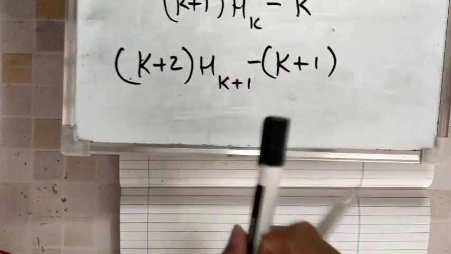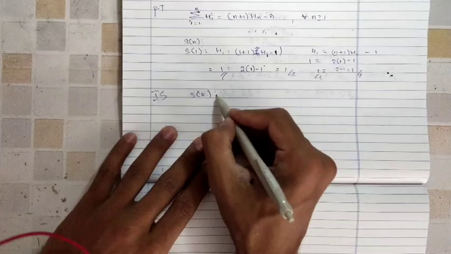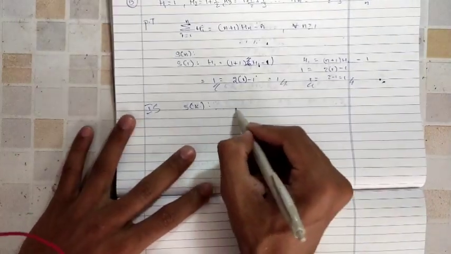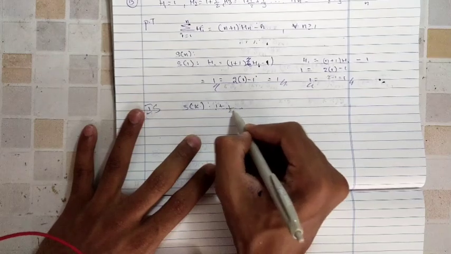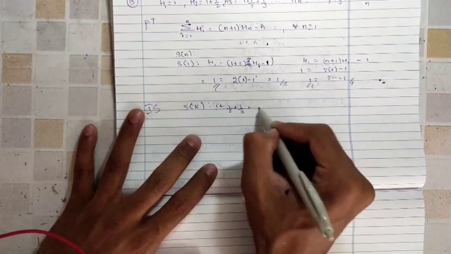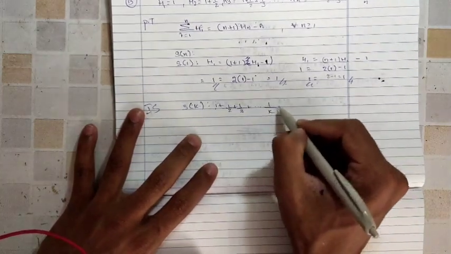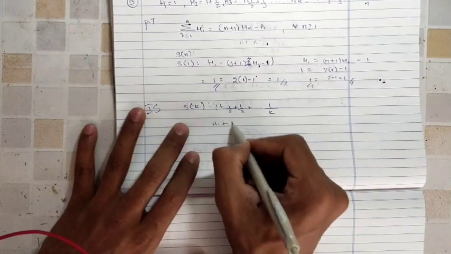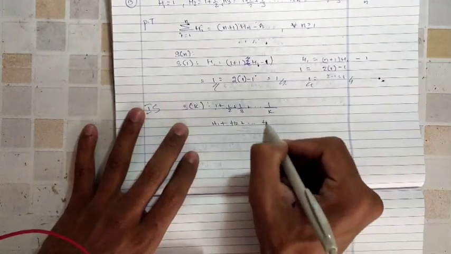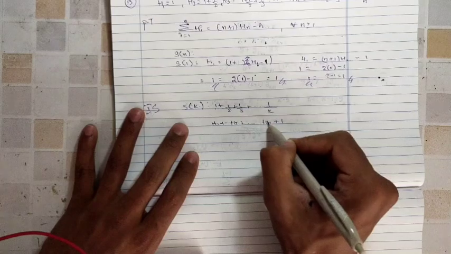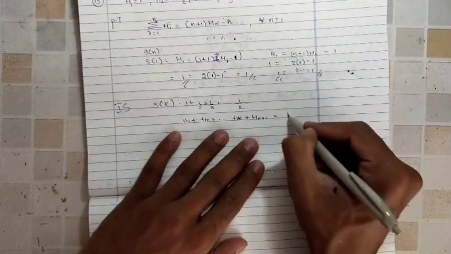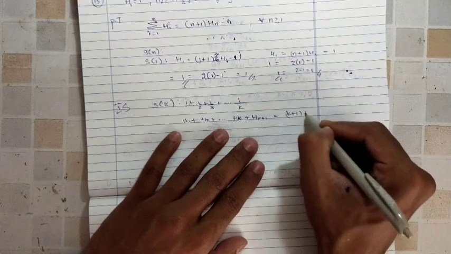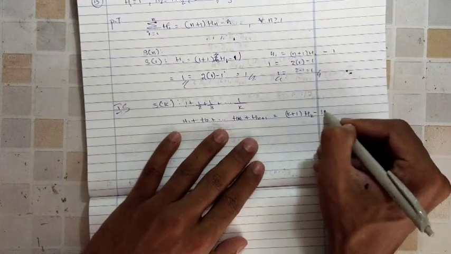In this way I have to get the answer. So I will write S such that 1 plus 1 into 1 by 2 plus 1 by 3 and so on up to 1 by k, or else I can just write h1 plus h2 and so on up to hk plus h of k plus 1 equals k plus 1 into hk minus k.